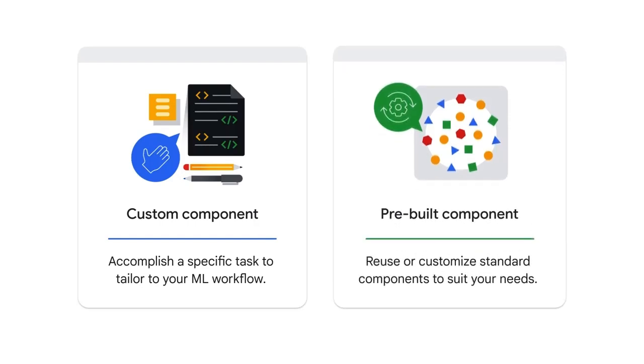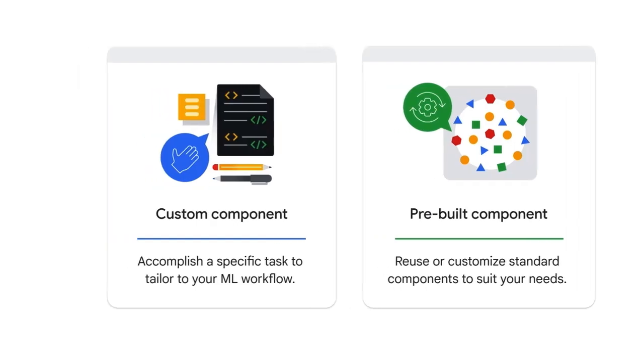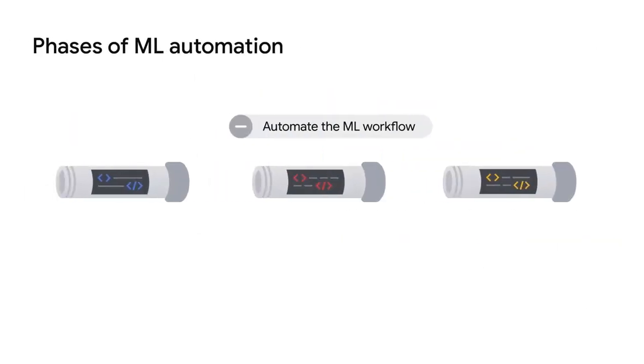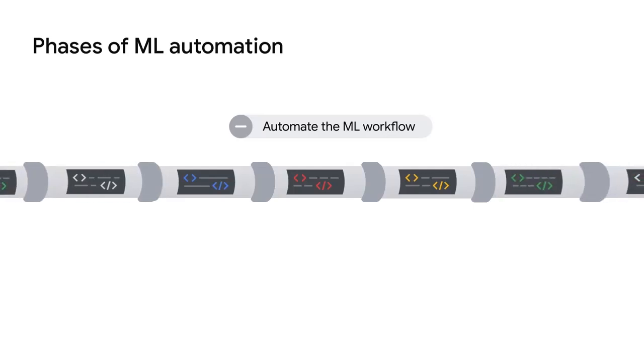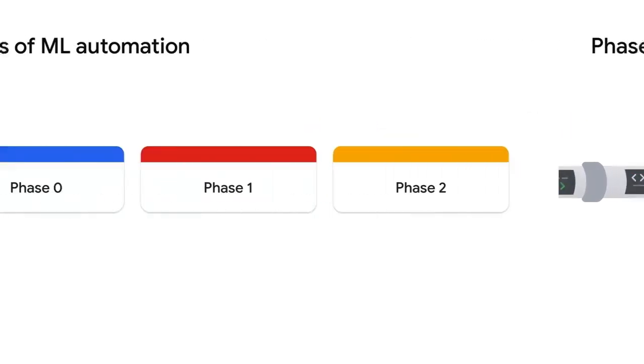Before doing so, check the pre-built components offered by Google Cloud. You may find a pipeline component to reuse or customize to suit your needs. Learn more about using Google Cloud pipeline components in your pipeline in the reading list. All these components are like pieces of an ML pipeline. You need to assemble them together to automate the entire ML workflow.